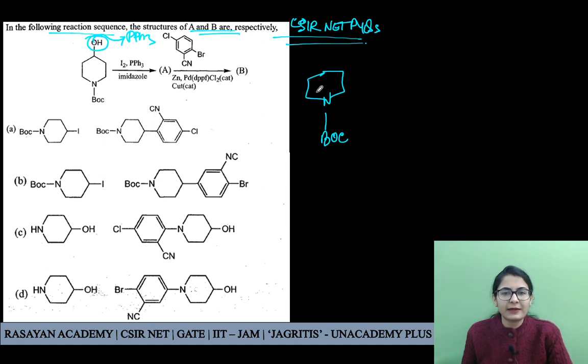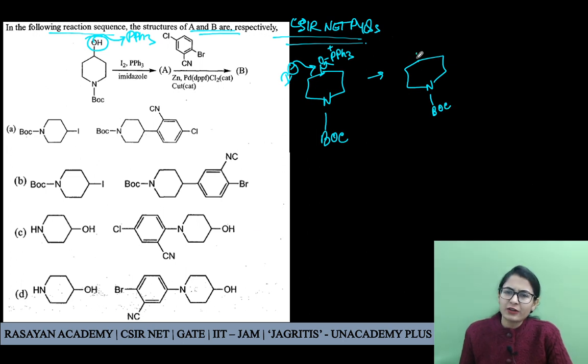Phosphine will be attacked by oxygen, O-PPh3, you know that. Oxygen will become a very good leaving group when it is connected to phosphine or silicon for that matter, right? So you are getting phosphine oxide, PPh3=O, like this.